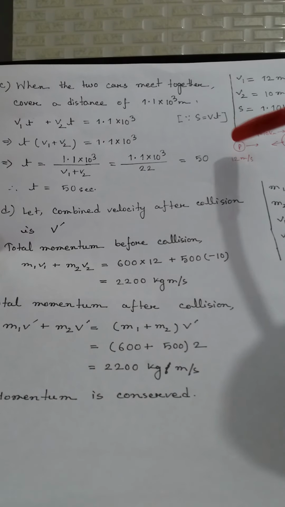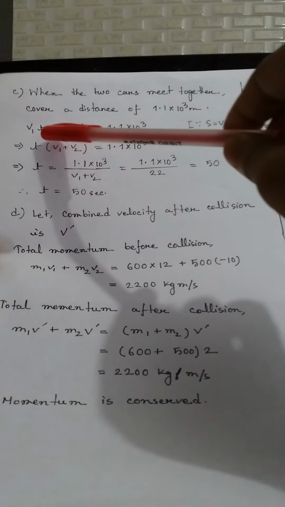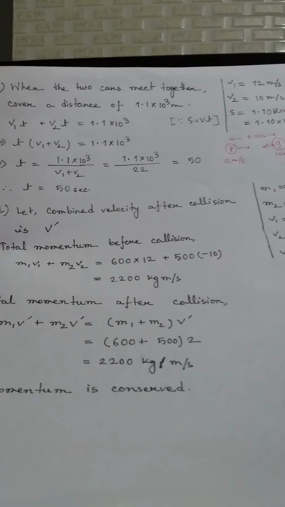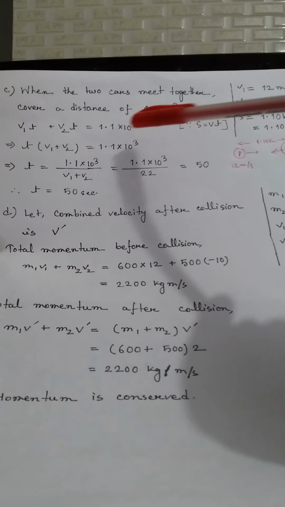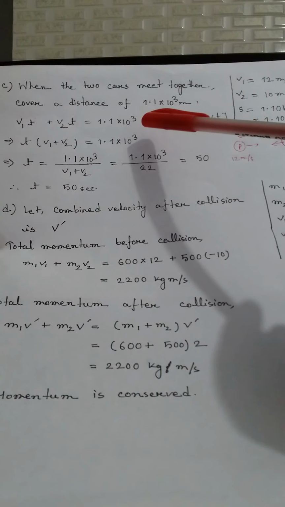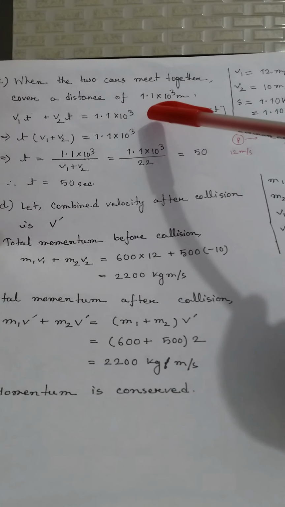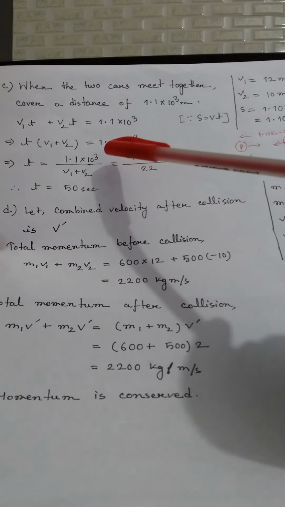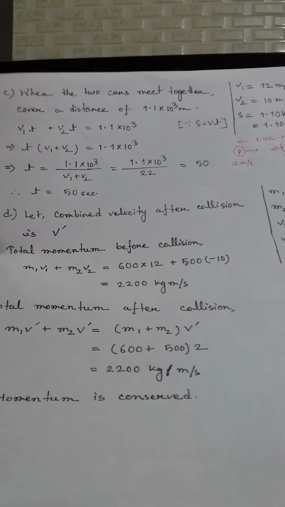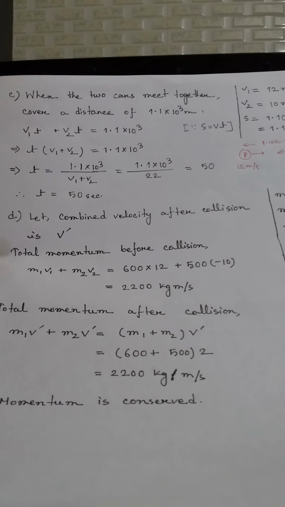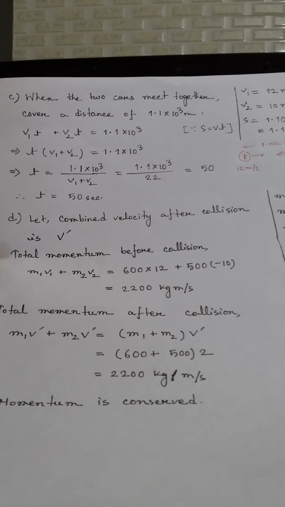So the distance covered by P will be V1t, and the distance covered by Q will be V2t. The total distance covered by them is given in our stem. So from here we can measure the value of t, that will be 50 seconds. This is our first question.